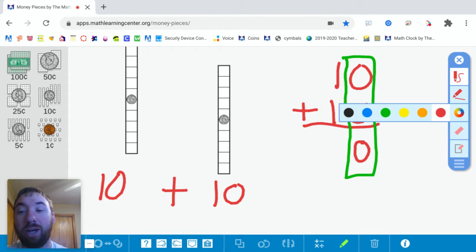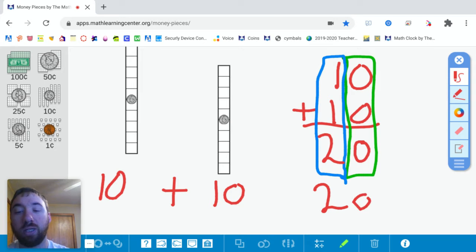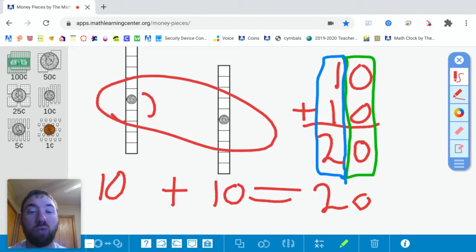And then you add the other side, this blue rectangle. What's 1 plus 1? Well, 1 plus 1 is 2. So what number do I end with? I ended with 20. 10 plus 10 is 20. I have 20 cents right here.